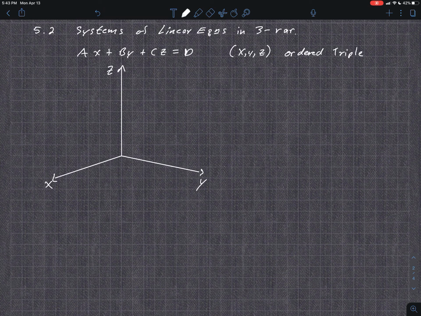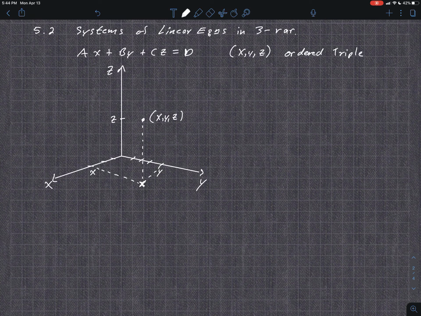Vertical axis is the z-axis, and one direction is x, one direction is y. And so an ordered triple in space, you go out however many along the x-axis, and then the y. Down here it would be an ordered pair, but then you go up to the point in space along your z. So that's your x, y, and your z. So that's your ordered triple x, y, z in space.